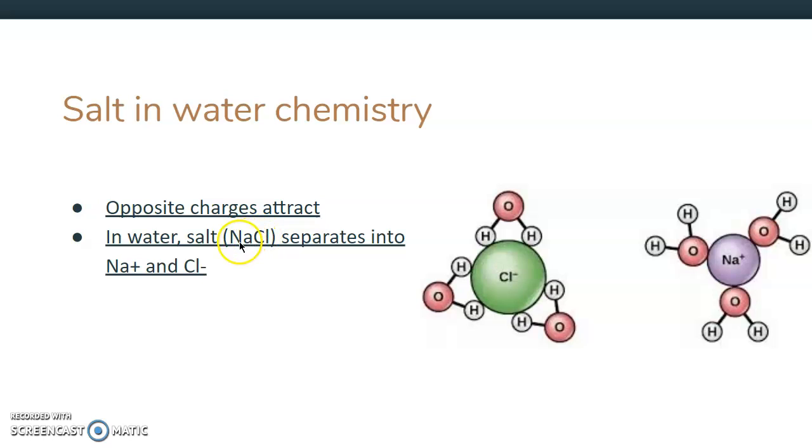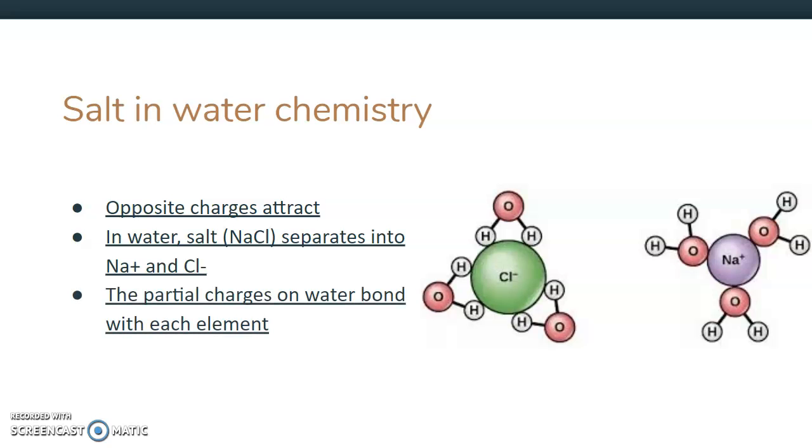So in salt, which is NaCl, our compound of salt has two elements, sodium and chloride, which like to separate into a sodium ion and a chloride ion when in water. Once they are separated, these partial charges on the water bond with each element. For example, our partially positive hydrogen surrounds our negatively charged chloride ion, and our partially negative oxygen surrounds our positively charged sodium ion.